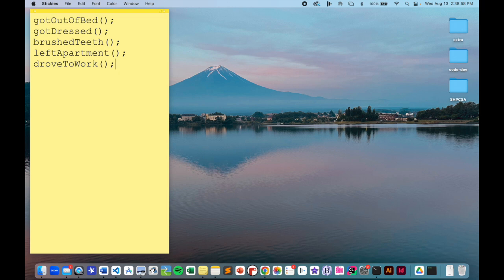Now, this is a pretty common way to describe what you do in the morning. I gave a decent amount of detail, but I didn't give too much detail. I could have given more detail. Could I have described the specifics of how I brushed my teeth, for instance? Let's say that to brush my teeth, the first thing I did was got out toothbrush.